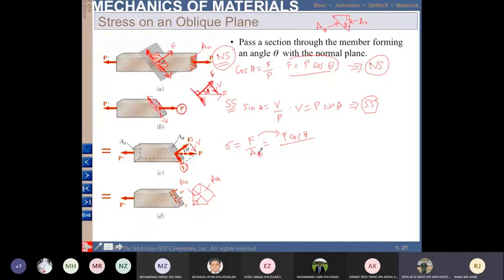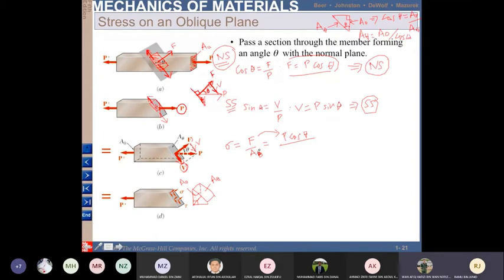So A theta is equal to, so if you make cos theta equal to A original over A theta, so A theta, you get A naught over cos theta.